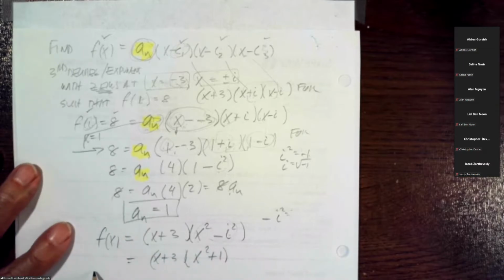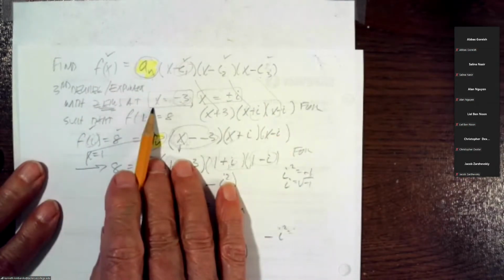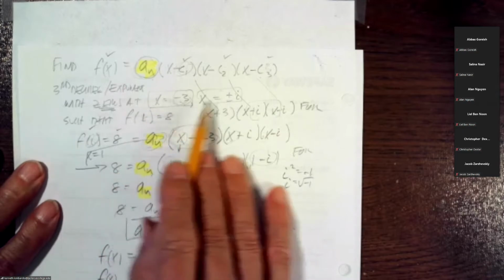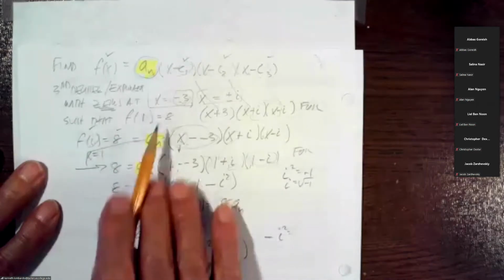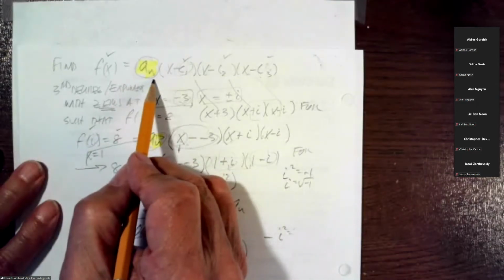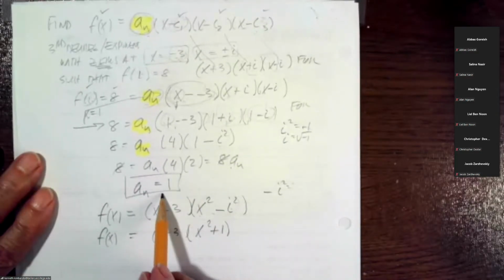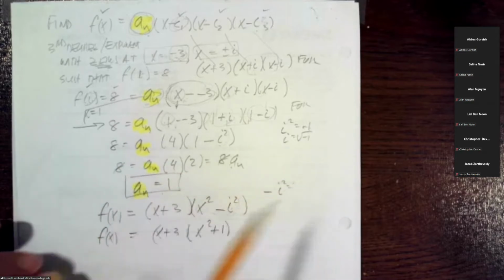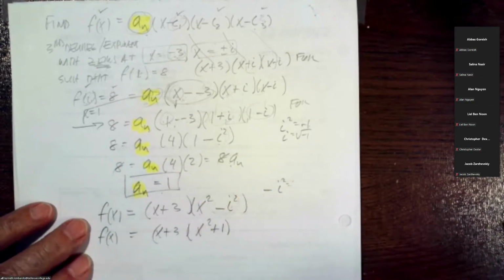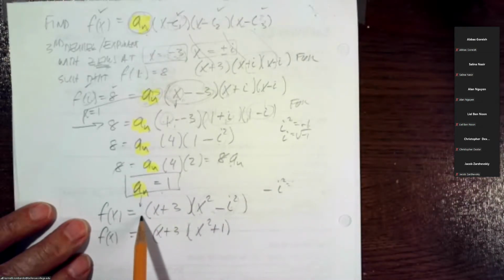So this tells us the function with these values used: solutions at negative 3 plus or minus i, and f evaluated at 1 is 8. What we don't know is the a sub n. We've plugged in these values, and we get a sub n equals 1. I'll just highlight that. A sub n equals 1. So that says we have a leading coefficient of 1 that would go here, so we can just leave that out.